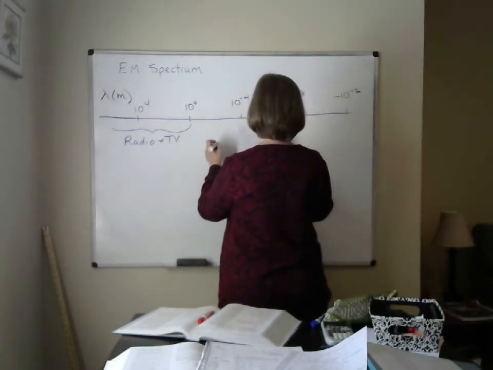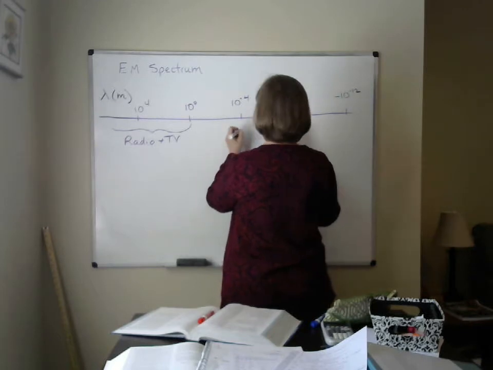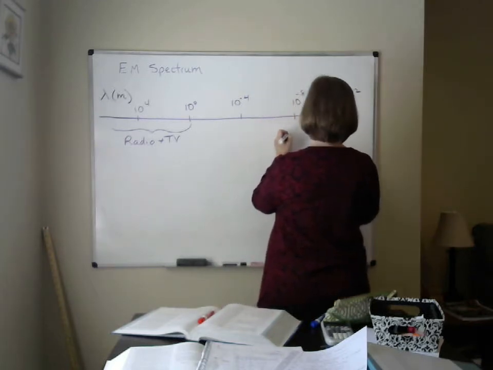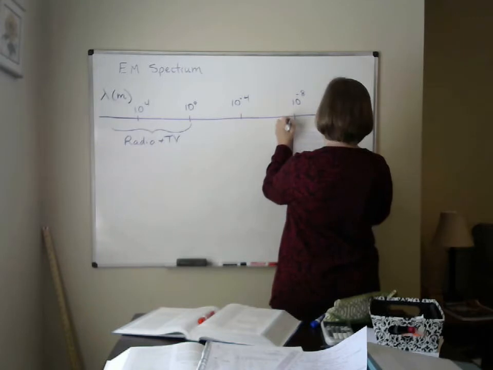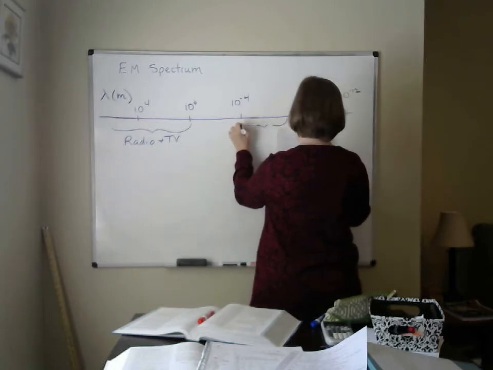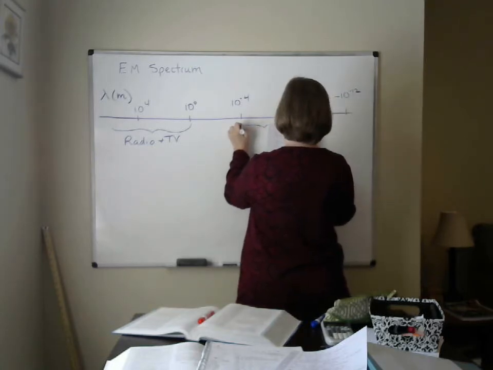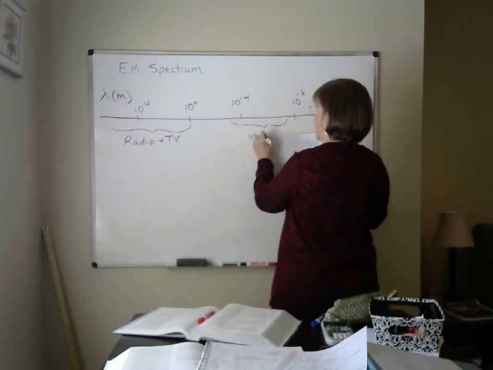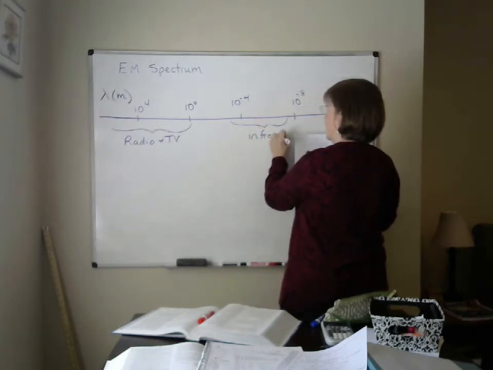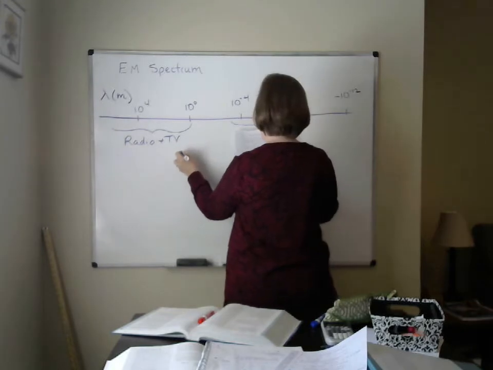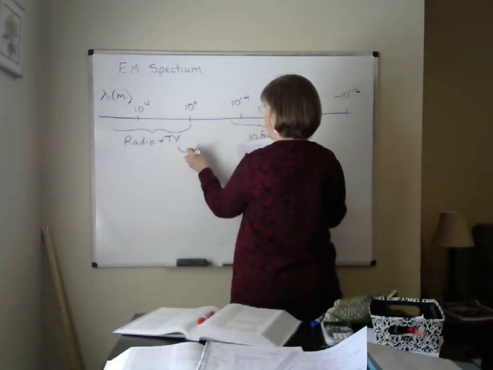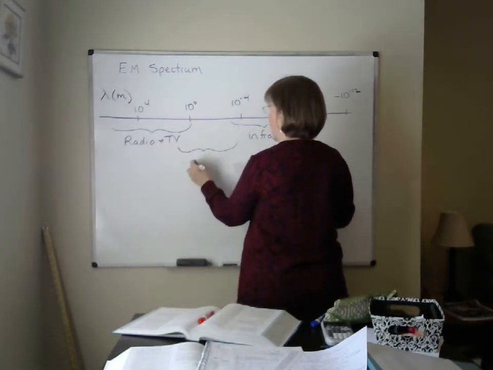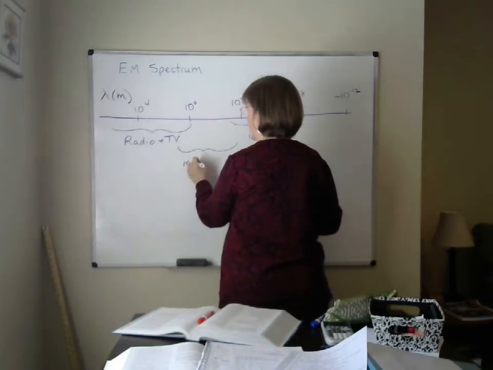The next region, I'm going to skip over, let's see. We go 10 to the negative 8. Right in here is a region, and I'm going to try to get this more or less right, called the infrared. And overlapping a little bit from, say, here to here, we have microwaves.